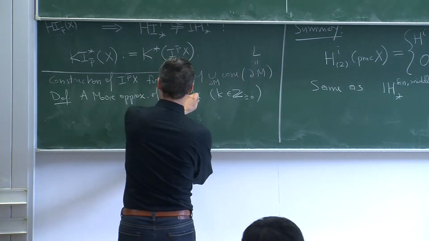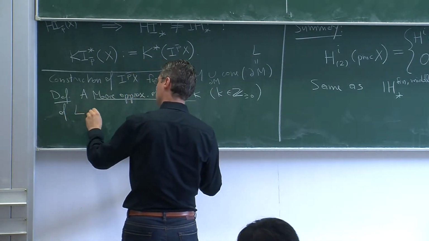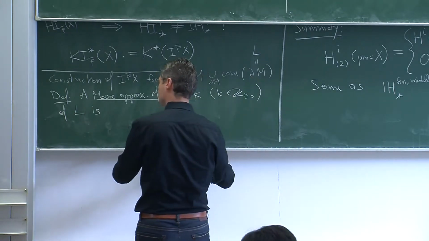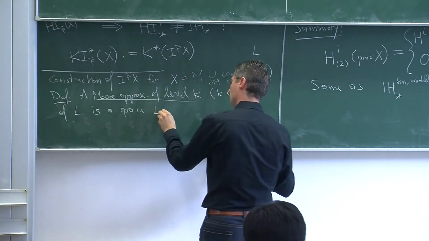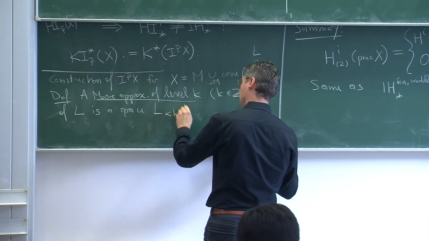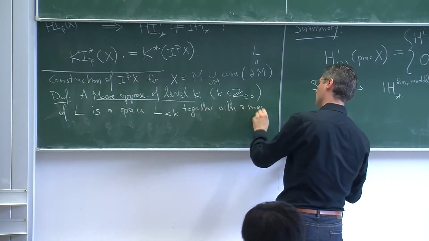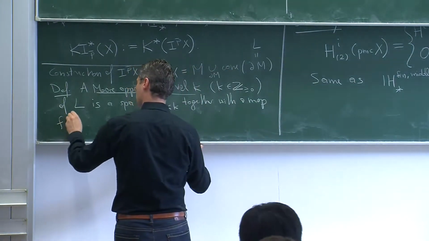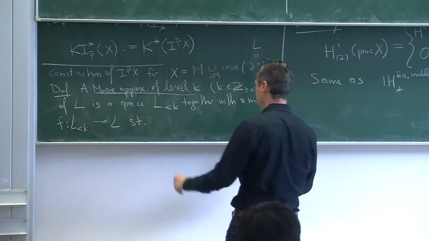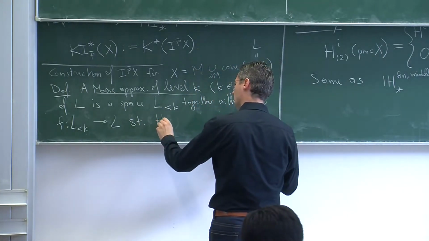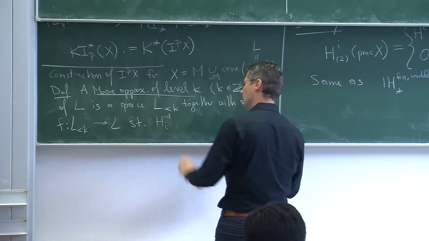A Moore approximation of level k of a space L, such as this link here, is a space which I'll write L less k together with a structural map, let's call it F, from L less k to L such that, well, first of all, the homology Hi, and now again, I'm always talking about ordinary homology now.